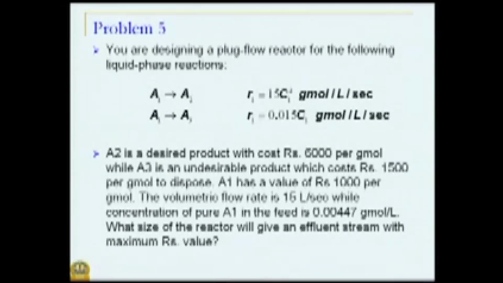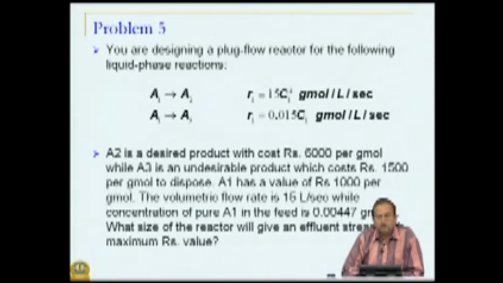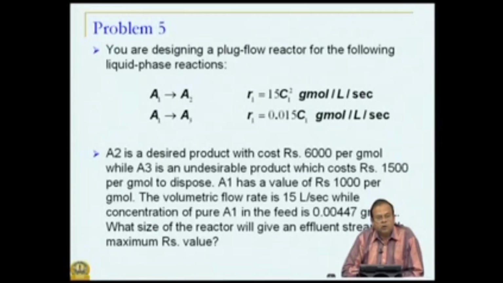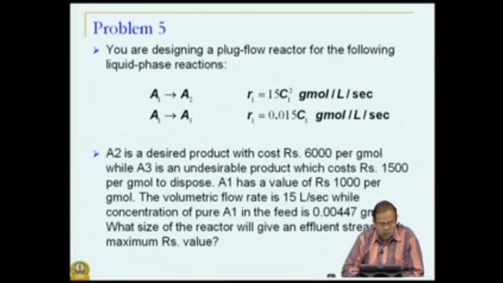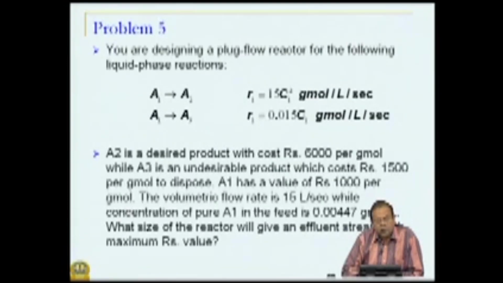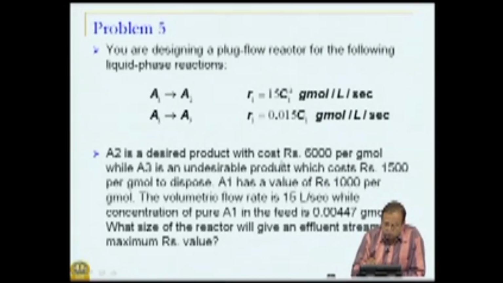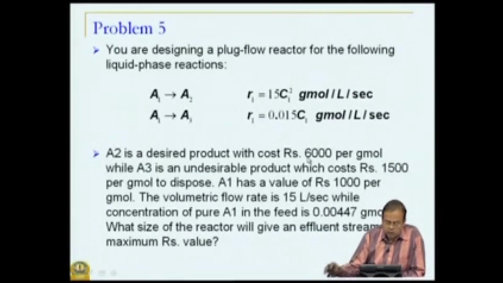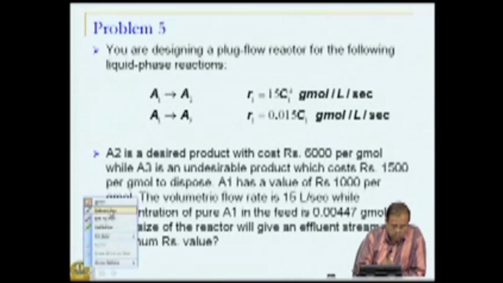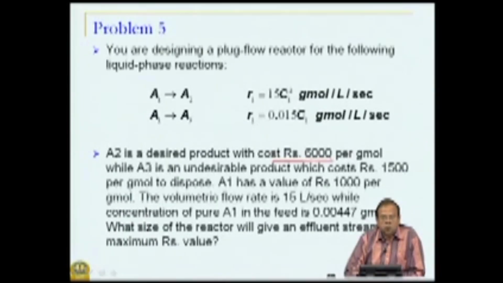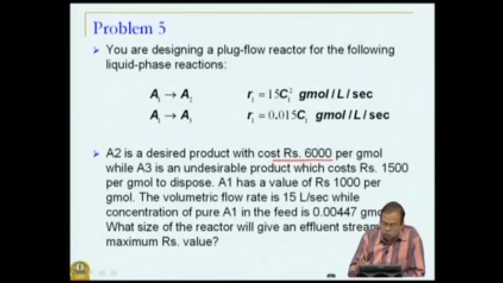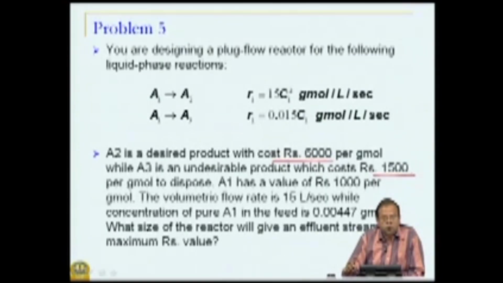You have a plug flow reactor for two reactions, A1 going to A2 and A1 going to A3. The kinetics is given. We know A2 is a desired product which can bring us 6,000 rupees per gram mole. A3 is undesirable which costs 1500 to dispose.